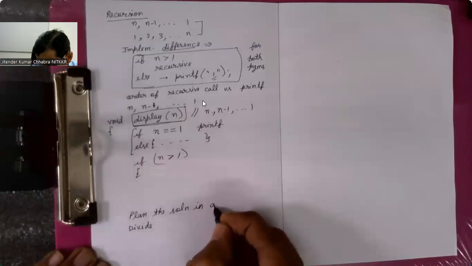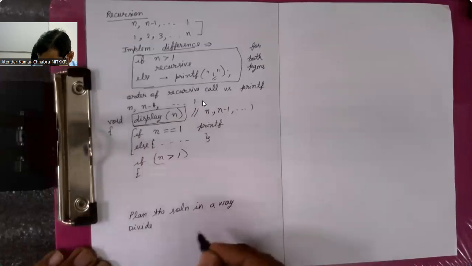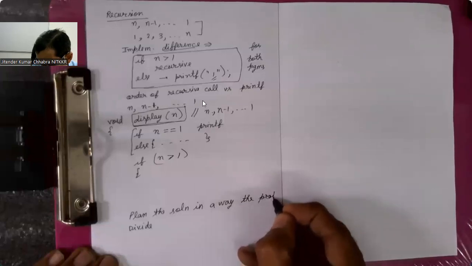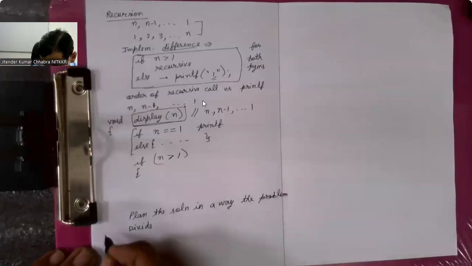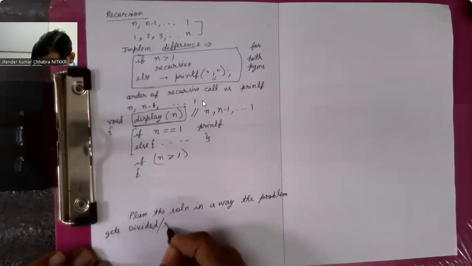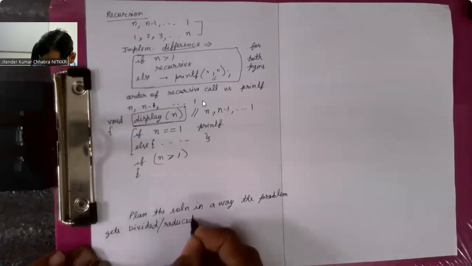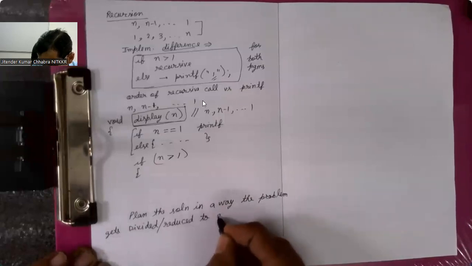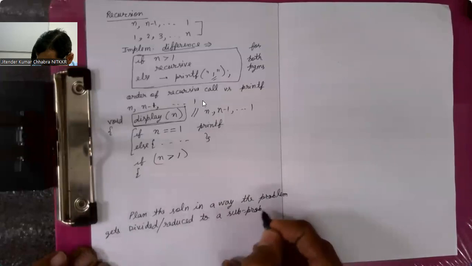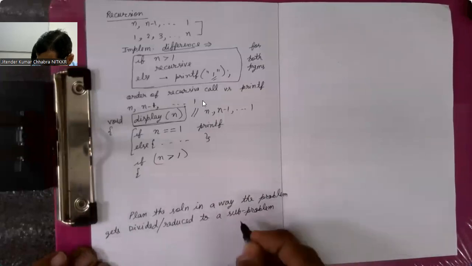For recursion, the thumb rule is to plan the solution in a way that the problem gets reduced or divided to a sub-problem which must be solved recursively.